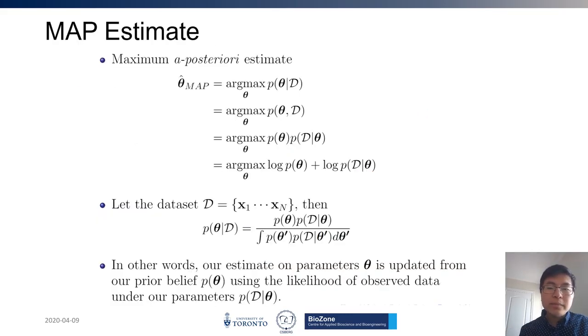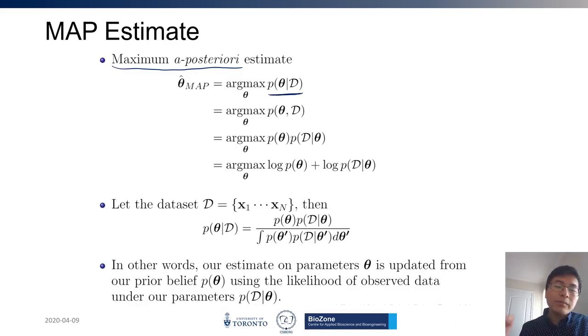The MAP estimate is similar to the MLE estimate, the maximum likelihood estimate, in that it also contains this likelihood term, but it contains our prior as well. So let's walk through the derivation. MAP estimate stands for maximum a posteriori estimate. As suggested by the name, it essentially tries to maximize our posterior.